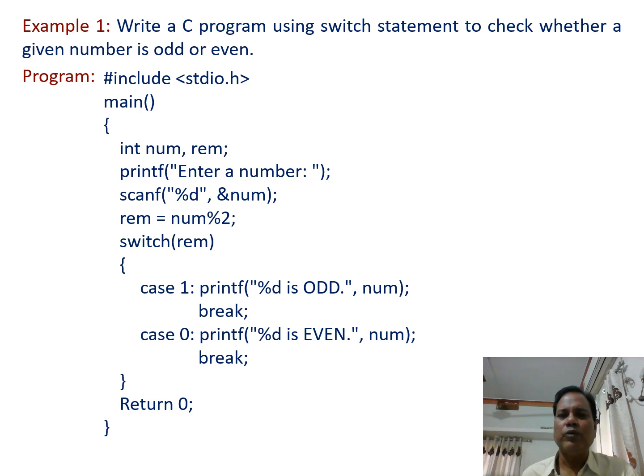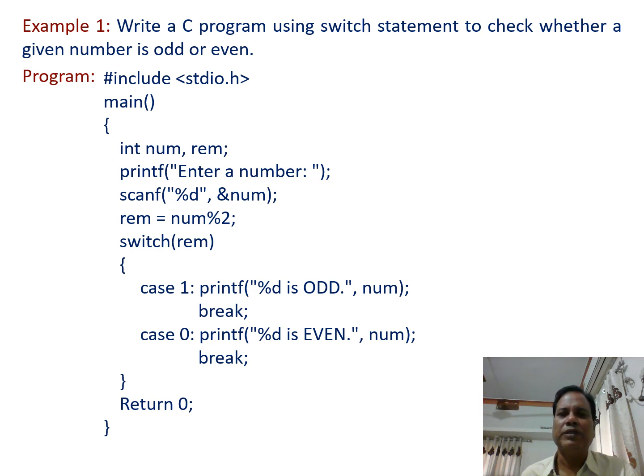Then, as we have to input a number, for that we use the scanf function. Whenever the scanf function is executed, the cursor blinks on the output screen. So what should be the response of the user? For that we display a message using the printf function.